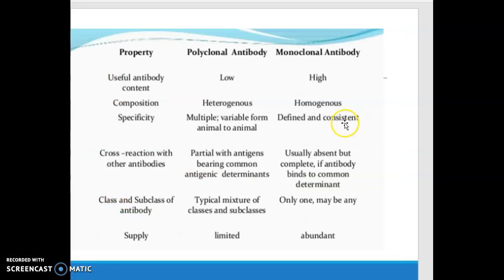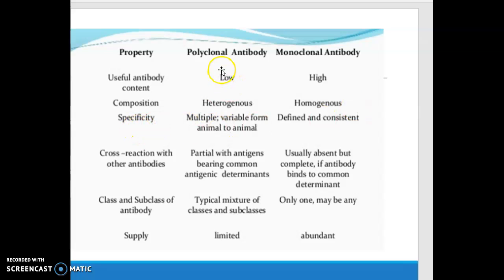Here is the basic difference between polyclonal and monoclonal antibody, given on the basis of useful antibody content, composition, specificity, cross reaction with other antibodies, classes and subclasses of antibody, and supply. Useful antibody content is low in polyclonal antibody and high in monoclonal antibody. The composition of polyclonal antibody is heterogeneous, and that of monoclonal antibody is homogeneous.